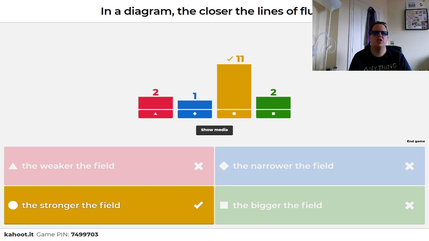Closer lines of flux, the stronger the field. Density, remember, it's called magnetic flux density. So more lines in a given area or volume, the stronger that field.